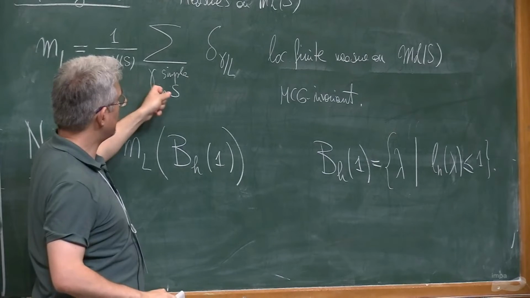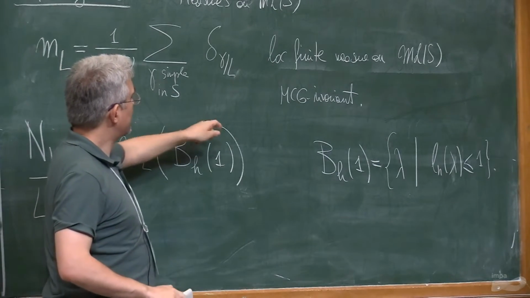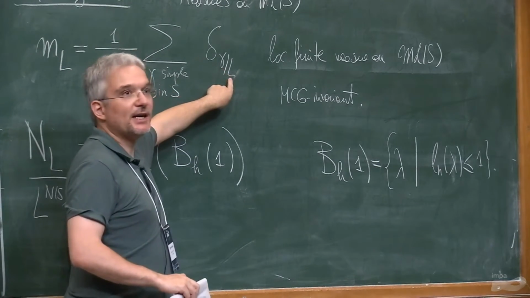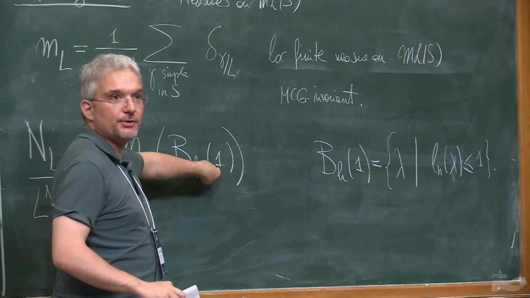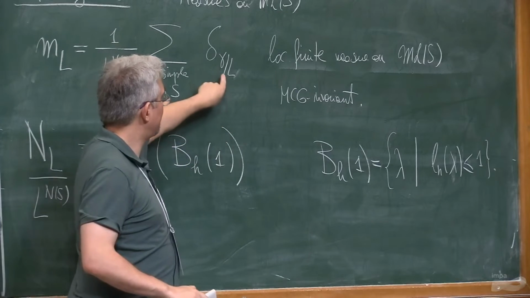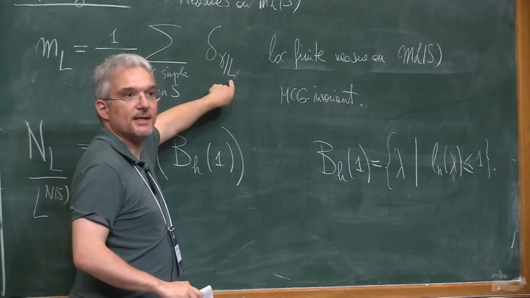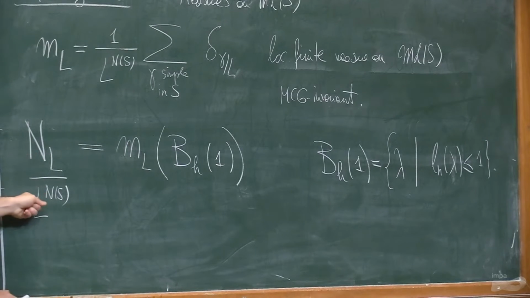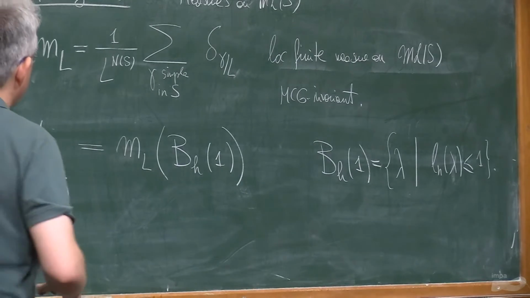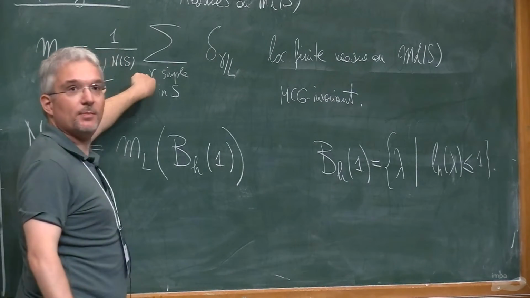You are counting the number of simple closed curves such that the length of gamma divided by L is smaller than 1. So this is the same as counting the curves such that the length of gamma is less than capital L. So that's exactly this number, because we are summing over all simple closed curves.